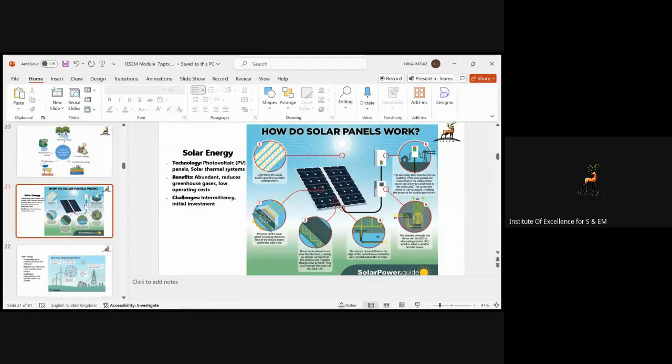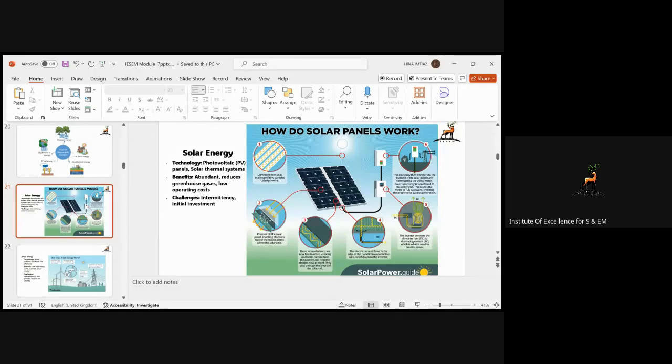Basically, electric current is the movement of electrons in a wire. It's the same process in solar panels. This direct electricity is then converted to alternating current by an inverter, which is installed to convert DC, direct current, into alternating current.